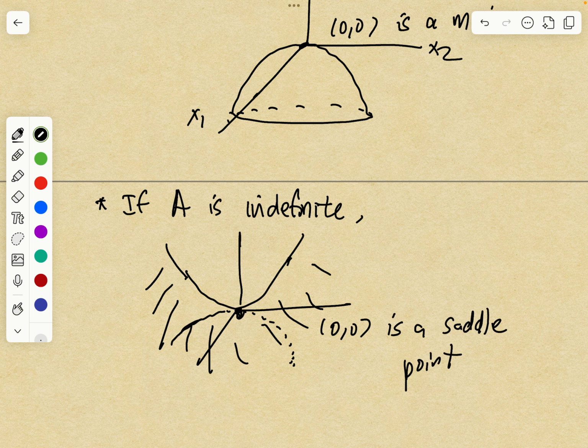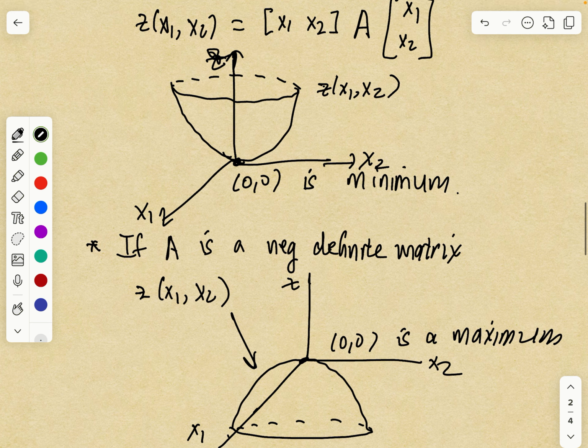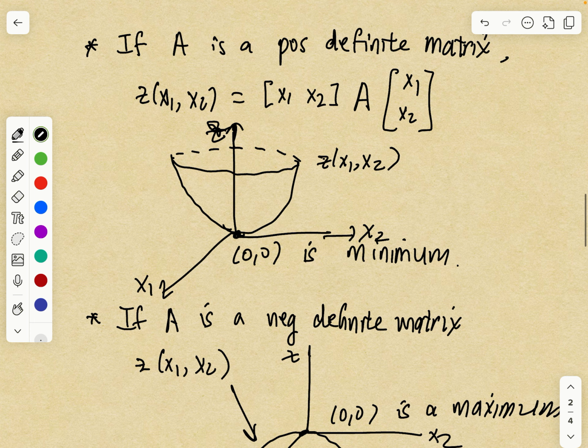So we get an idea of what the quadratic form looks like by knowing if A is positive definite, negative definite, or indefinite. And to review why this is true, go back to the video on quadratic forms and symmetric matrices.